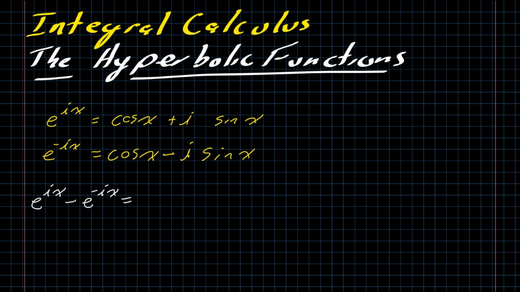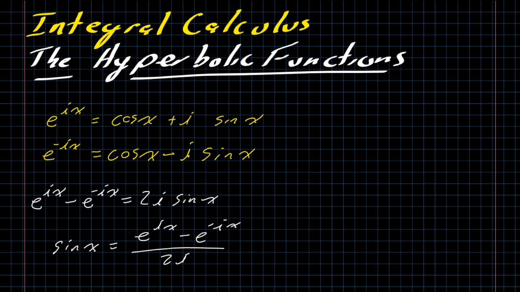Sine of x minus sine of x, those two negatives become an addition, and we get 2 times i times the sine of x. Or rearranging this, sine of x is e to the ix minus e to the minus ix all over 2i.